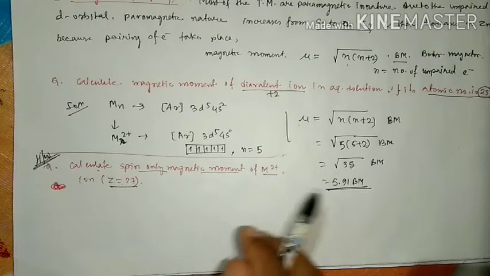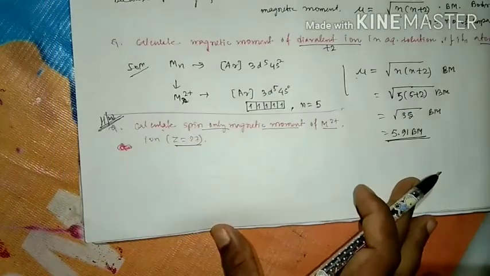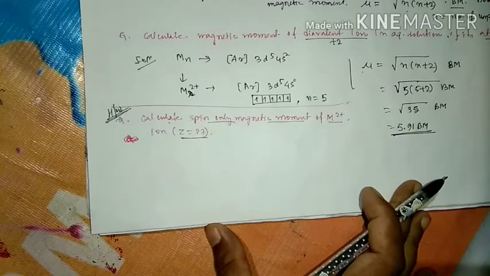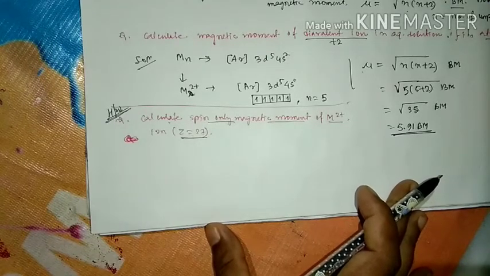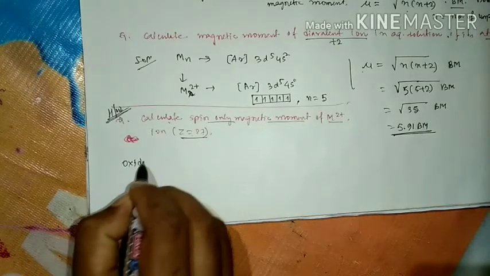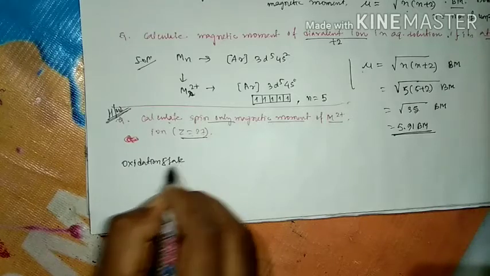Okay, next topic is the oxidation state. Already we have discussed the various types of oxidation state. Now we are discussing the trend of oxidation state. How it decreases, how it increases. Now see, oxidation state.